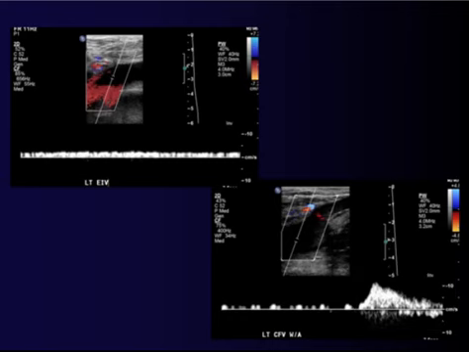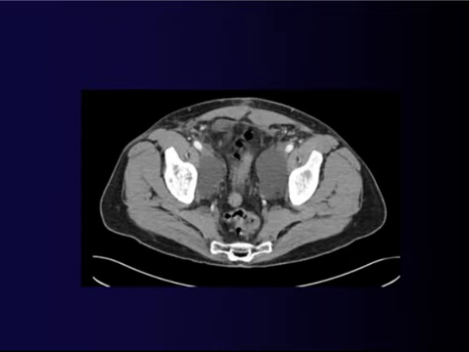So when you see this loss of phasicity or a continuous waveform, very slow flow, what you need to do is look for a central obstructing process or a central extrinsically compressing process. And in this patient who presented with these findings bilaterally, there are bilateral lymphoceles which are compressing the veins in this patient who had surgery for prostate cancer.